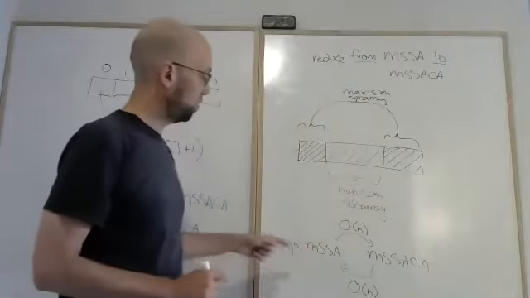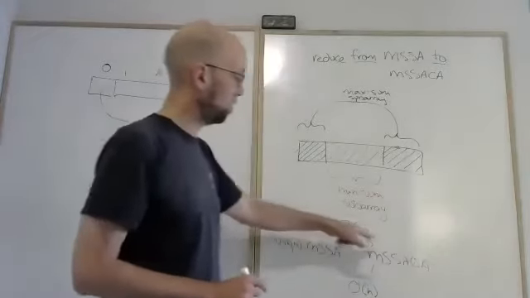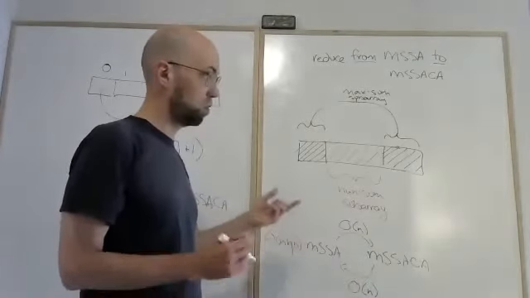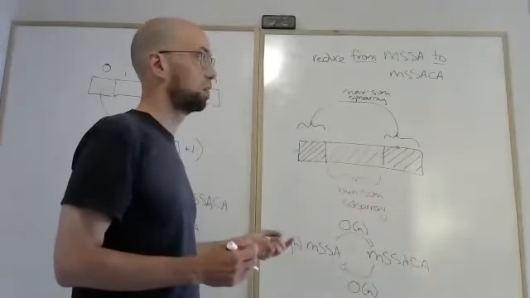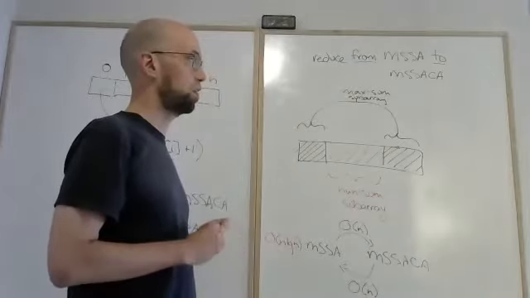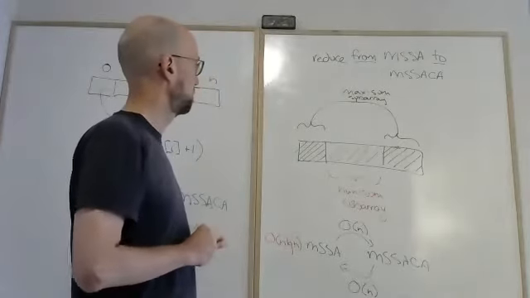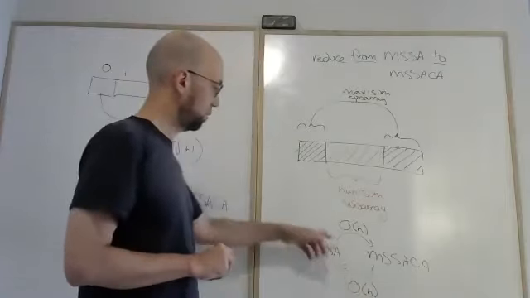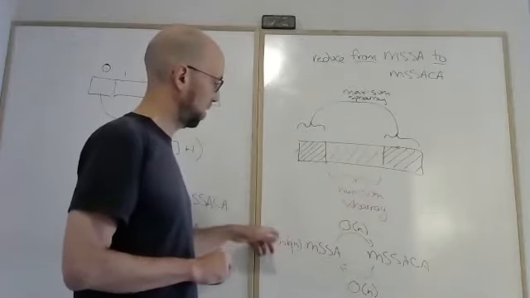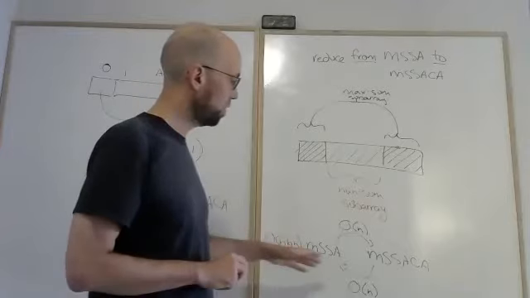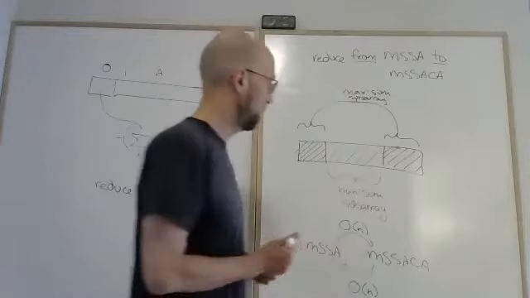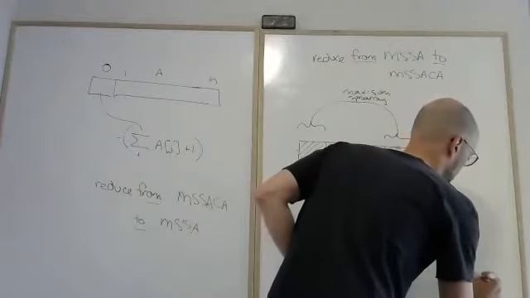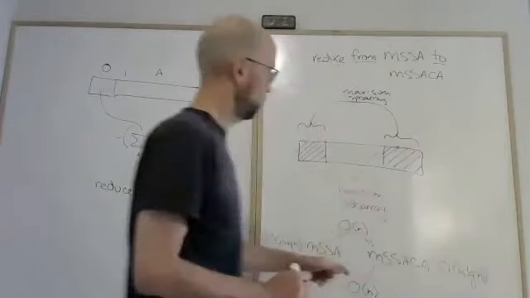Because we could take an instance of this problem and turn it into an instance of this problem, which was essentially the same size, two instances actually, in linear time, and then we could solve this in n log n time, that gave us an O(n log n) time solution for this one.